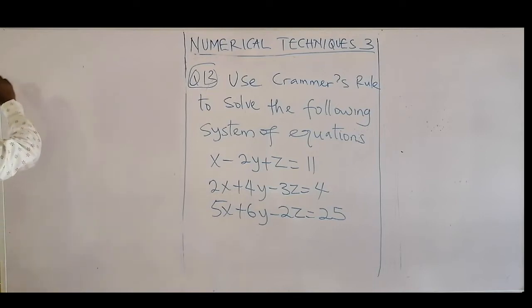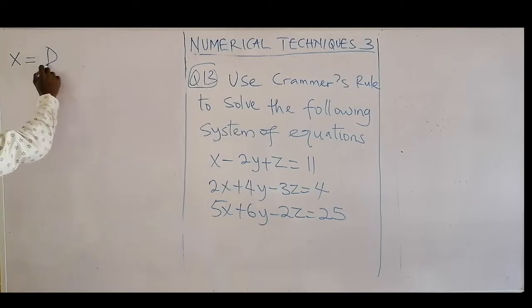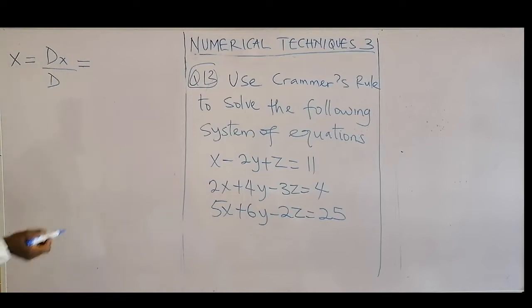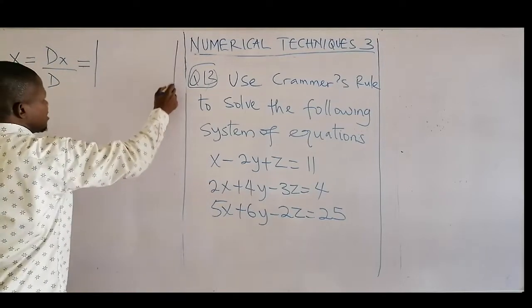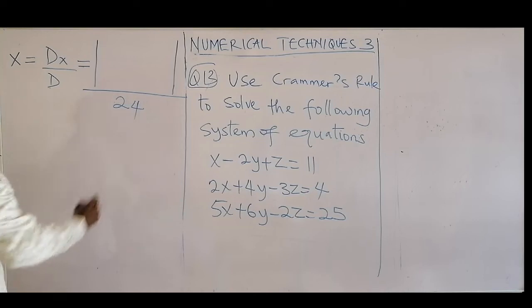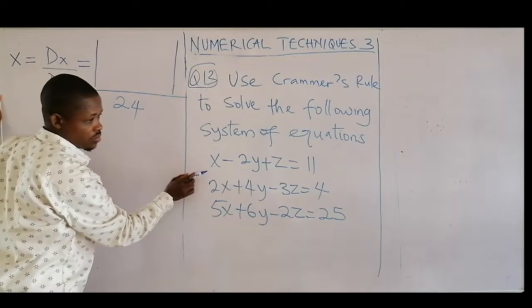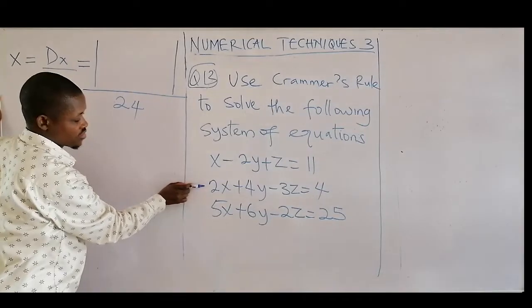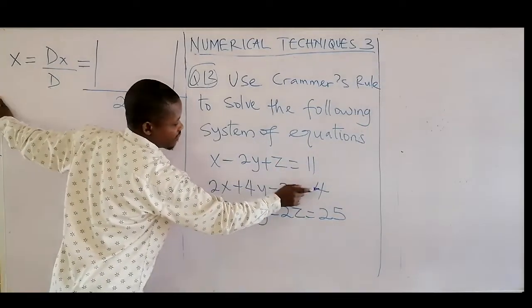The next thing to do now is to get the x value, which will be d subscript x over the determinant. What does d subscript x mean? It's very simple. The determinant we've gotten as 24. If you want to get the x value, you're going to replace the coefficients of x in the first, second and third equations with 11, 4, 25.